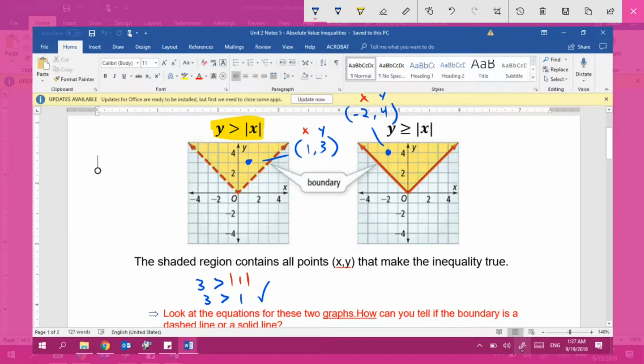Okay, we got 4, and then greater than or equal to the absolute value of -2. What is the absolute value of -2, guys? That's just going to be +2. And 4 is greater than or equal to +2. Is that true? Yes, it is. So you can see the shaded region tells us that any point we pick from that region is going to make our inequality statement true.